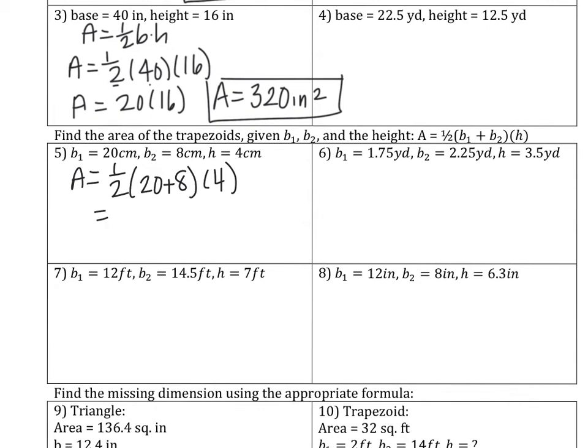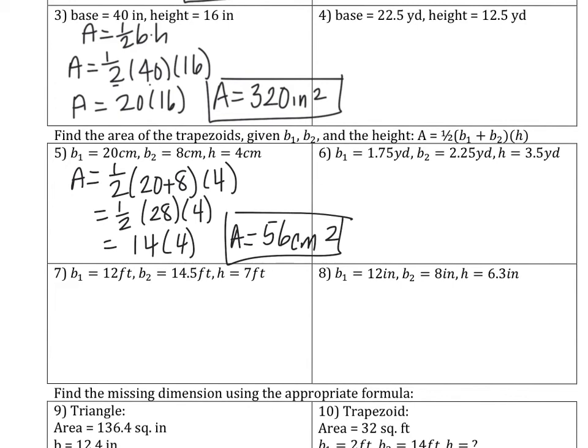So that's going to be half of 28 times 4. I'm going to take half of the 28, and that's going to be 14 times 4. So area equals 56 centimeters squared.